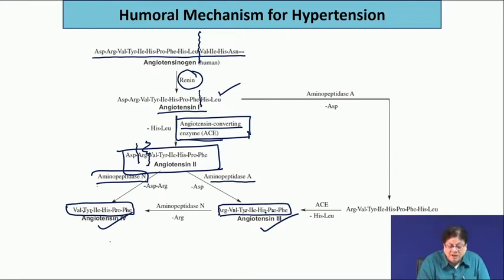Now, the question is, if you stop the production of angiotensin 2 by ACE, that will also lower the production of angiotensin 4 and angiotensin 3. The question is whether they have any beneficial effect, or if they are also part of this blood pressure elevating process.